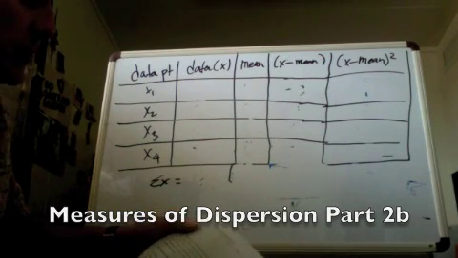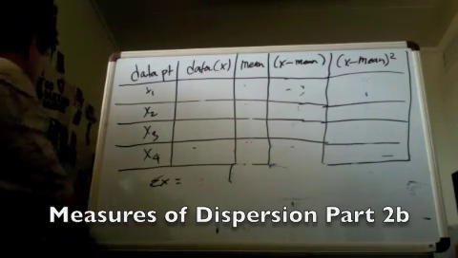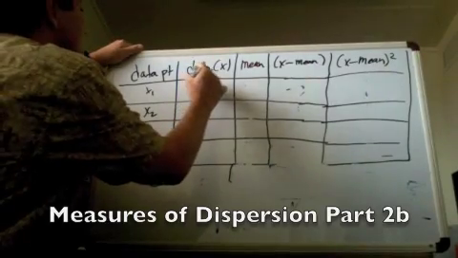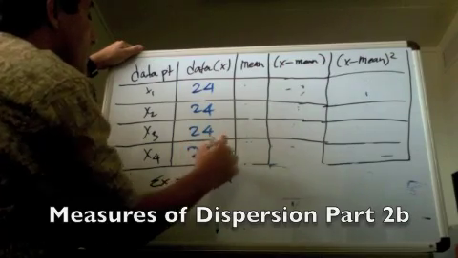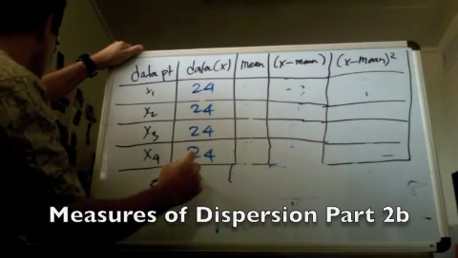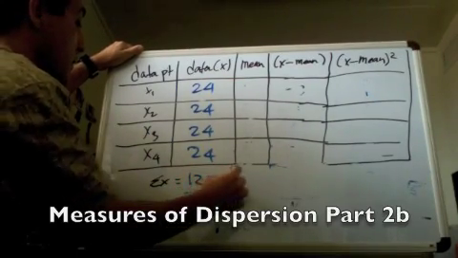I also show you, if you add those all up, it's 120. 120 divided by 4 is 24.